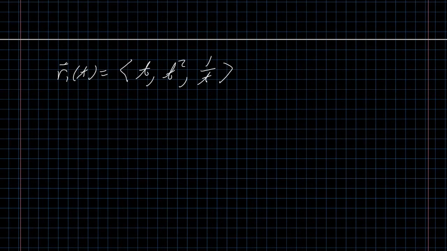All right, let's start off with R1 of t has components t, t squared, and 1 over t. And I hope that you can see without doing any work whatsoever that this curve is not continuous at t equals 0, so it's not going to be smooth.